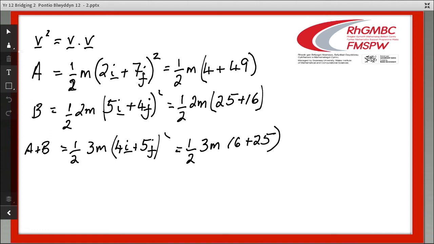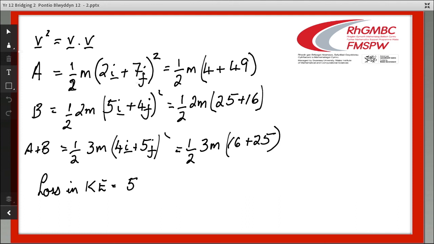Now, the loss in kinetic energy is going to be the kinetic energy of A plus B, the top two, minus the bottom one, once they've joined together. So what we'll end up with, so loss in kinetic energy equals 4 and 49 is 53.